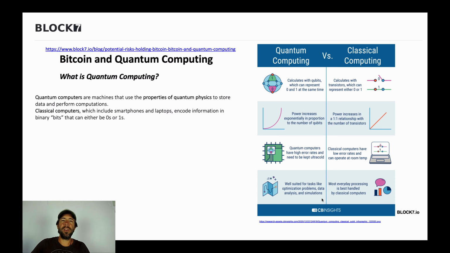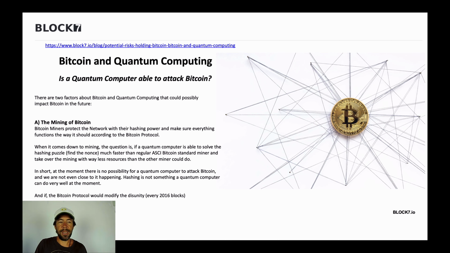So quantum computing is very good in simulations, in analyzing data, in recalculating some stuff, and we will see this could also be a risk for Bitcoin, as maybe the quantum computer will be able soon to calculate the private key out of a public key. And this of course could be a very high risk.